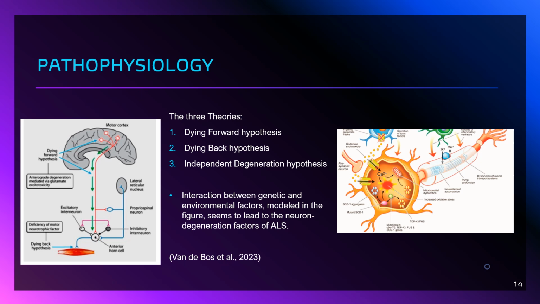The first theory, called the dying forward hypothesis, is where ALS originates at the cortical level, through the transsynaptic anterograde mechanism.